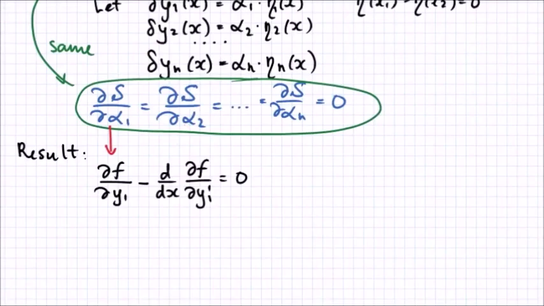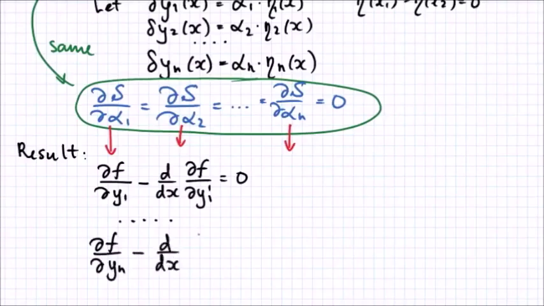The second requirement, the partial derivative of S with respect to alpha 2, gives us the second equation, and all the way to the last one, which gives the partial derivative of f with respect to yn minus the full derivative with respect to x of the partial derivative of f with respect to the slope of yn.